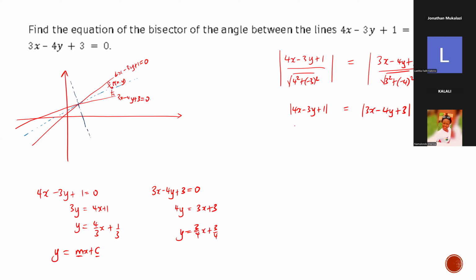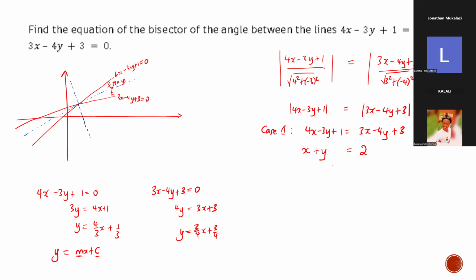Now, when you have this, you could have your case 1, where 4x minus 3y plus 1 is equal to the positive of this, which is 3x minus 4y plus 3. When you simplify this, if you bring the x's and y's to the left, you'll have x plus y being equal to 2.